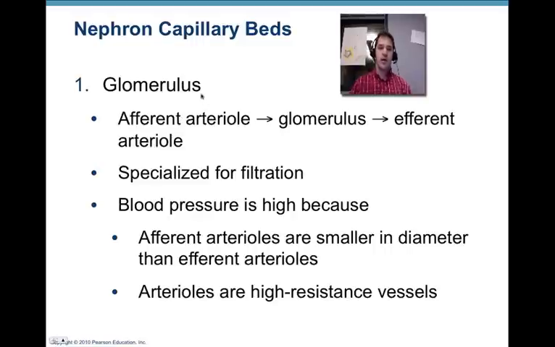So the way blood flows into the glomerulus is from the afferent arteriole, then to the glomerulus, and then to the efferent arteriole. The glomerulus is specialized for filtration. It's a high pressure system because those afferent arterioles are smaller in diameter than the efferent arterioles. And so you get a high pressure because of that.